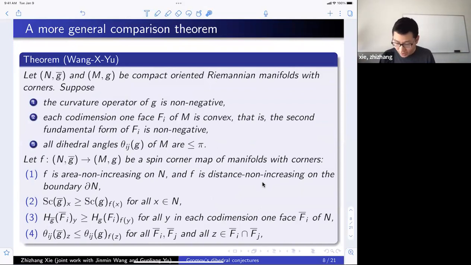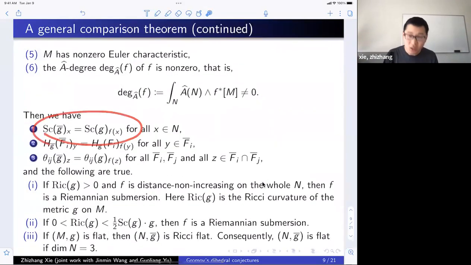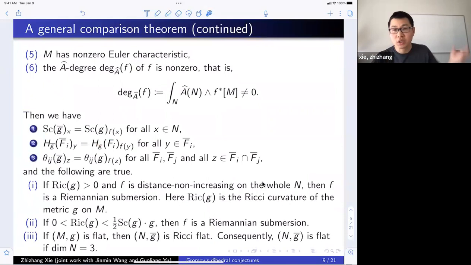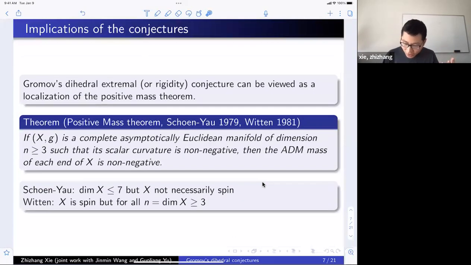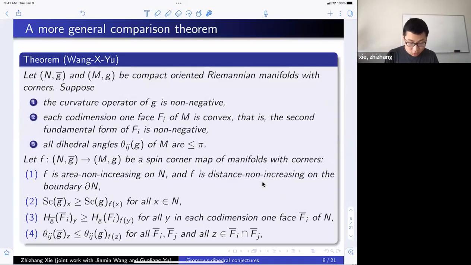So it would imply that the scalar curvature has to be the same as the scalar curvature of the flat metric. Well, that's a contradiction, because by Lohkamp's result, we just constructed a metric whose scalar curvature is positive somewhere. So that's a contradiction, and that implies the positive mass theorem. In that sense, this theorem implies the positive mass theorem in the spin case.